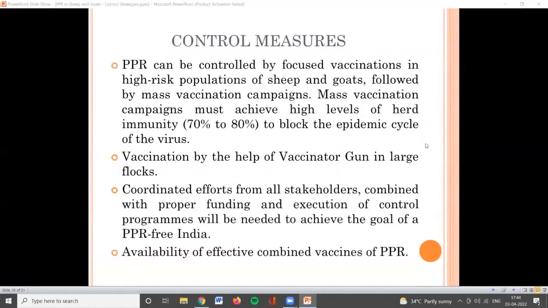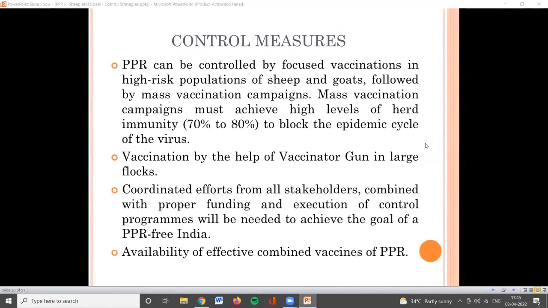PPR could be controlled easily by focused vaccination in the high-risk population of sheep and goats, followed by a mass vaccination camp. A mass vaccination camp must achieve high levels of herd immunity, that is 70 to 80%, to block the epidemic cycle of the virus. If we go for vaccination in a large herd, then we should use the vaccinator gun.